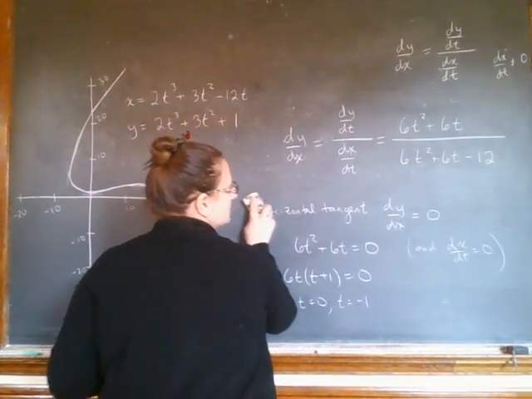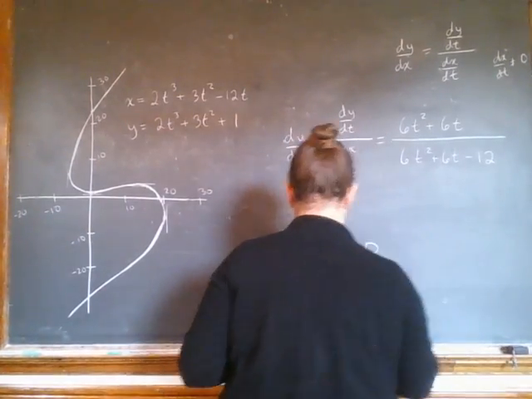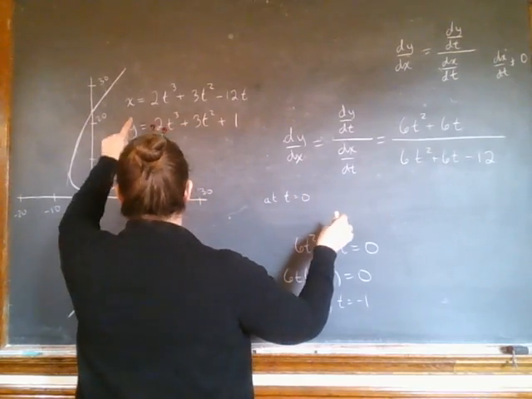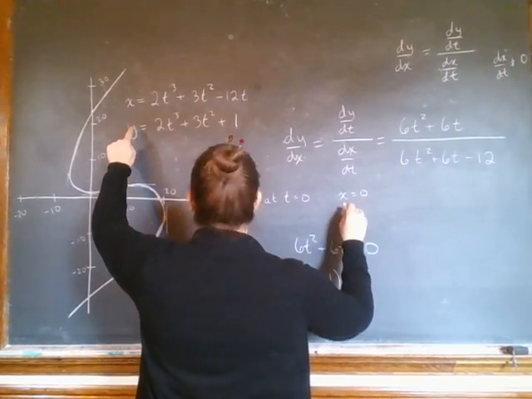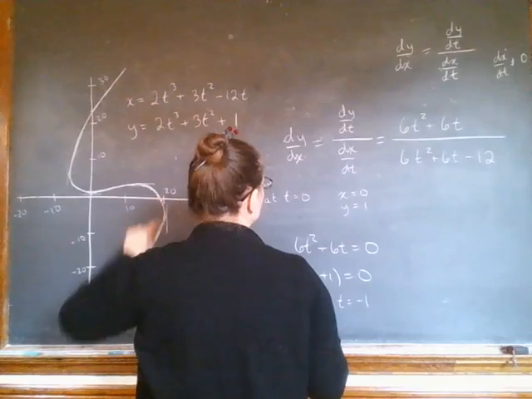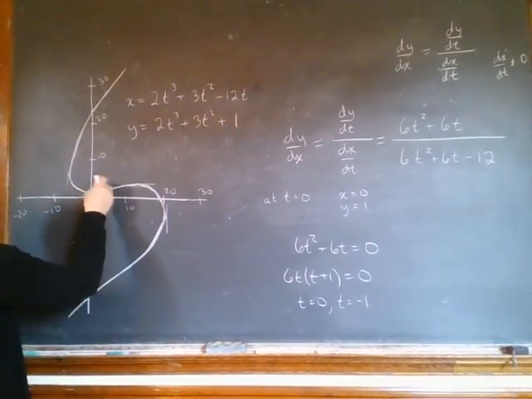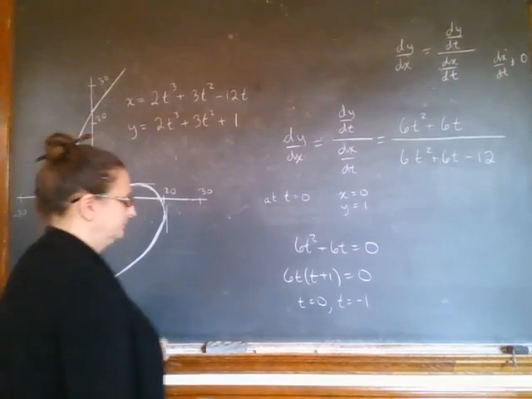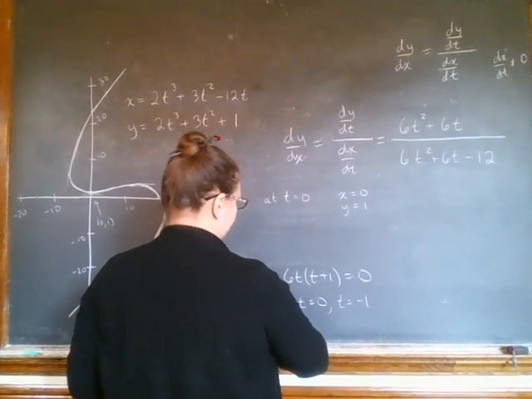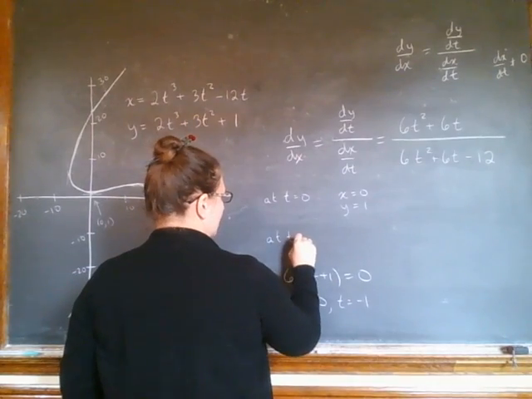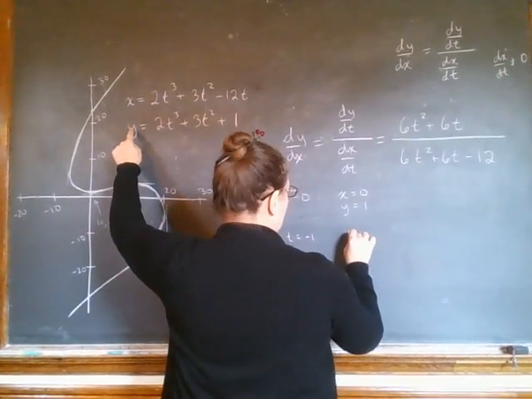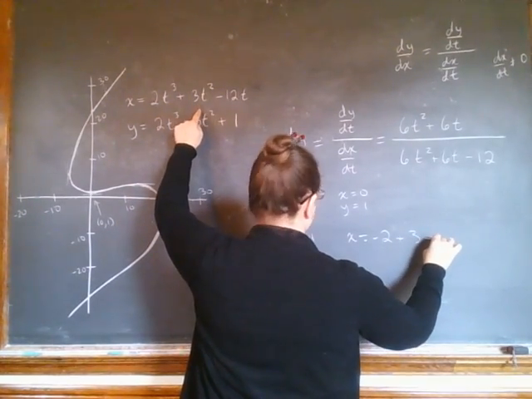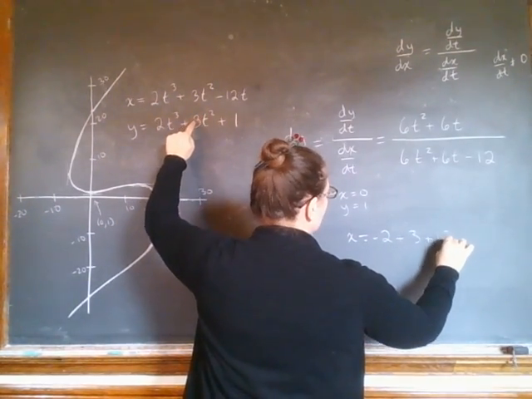Okay, I want to keep that. So let's do that here. At t equals 0, x equals 0, y equals 1. So that is this point right here. At t equals negative 1, x equals minus 2 plus 3 plus 12.